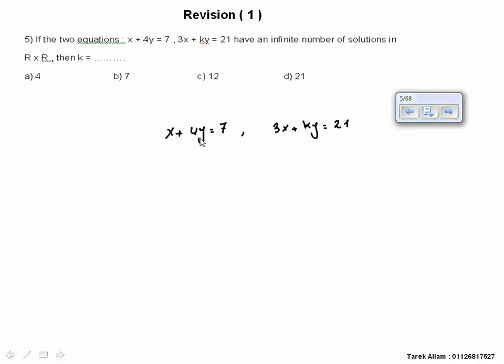So we will convert this equation to this one. We will multiply this equation by 3. So 3x plus 12y equal 21. So by looking carefully at the two equations, we will get the value of k equal the coefficient of y, which is positive 12. So the answer is 12.